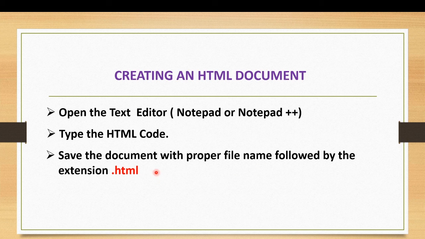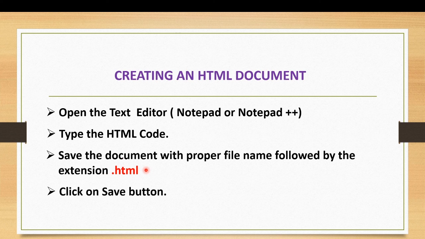One very important thing is, don't forget to give the extension .html after the file name. If you don't give .html, it will be a simple Notepad document. So if you want to create an HTML document or a web page, then after the file name you need to mention .html.